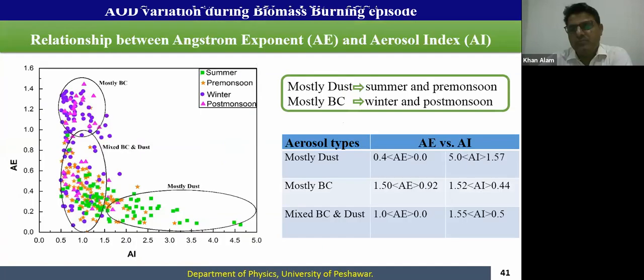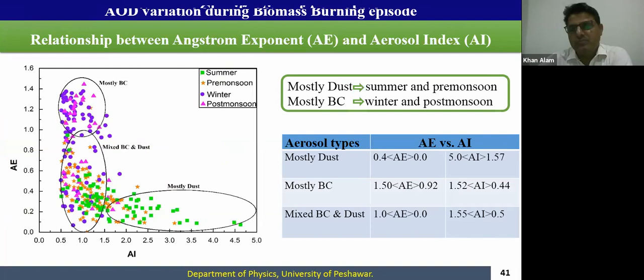So aerosol can further be classified by Angstrom exponent and aerosol index, which can provide us much better information on dusty and non-dusty or mixed particles. So aerosol types were identified as mostly dusty, mostly black carbon, and mixed BC and dust particles.